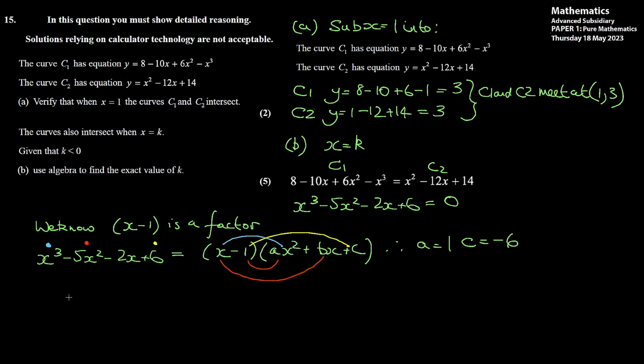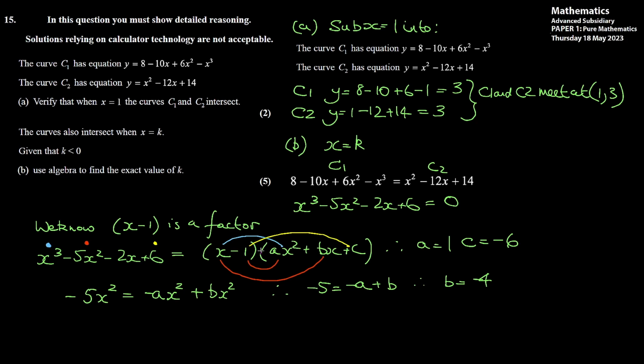So using the red lines, I can say that negative 5x squared must be equal to these two multiplications: this one here, which is negative ax squared, and this one here, which is plus bx squared. We can lose the x squared, so we get negative 5 is equal to negative a plus b. And we know that a is equal to 1, so b is equal to negative 4.